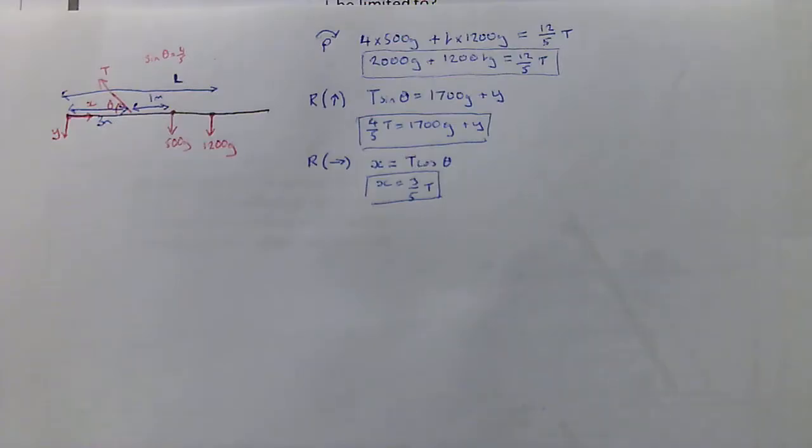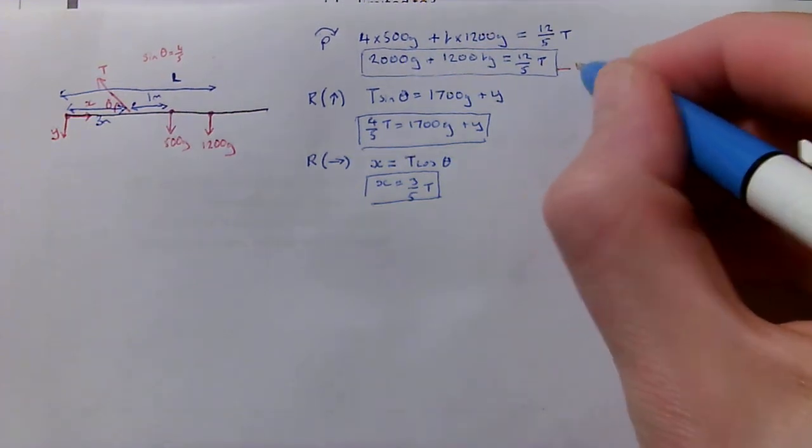Okay, so now that we've got our 3 equations, what we're going to try and do is to express both x and y in terms of L and G. So we want to get rid of T. So we're going to use the first equation to get rid of T. So this is my first equation here.